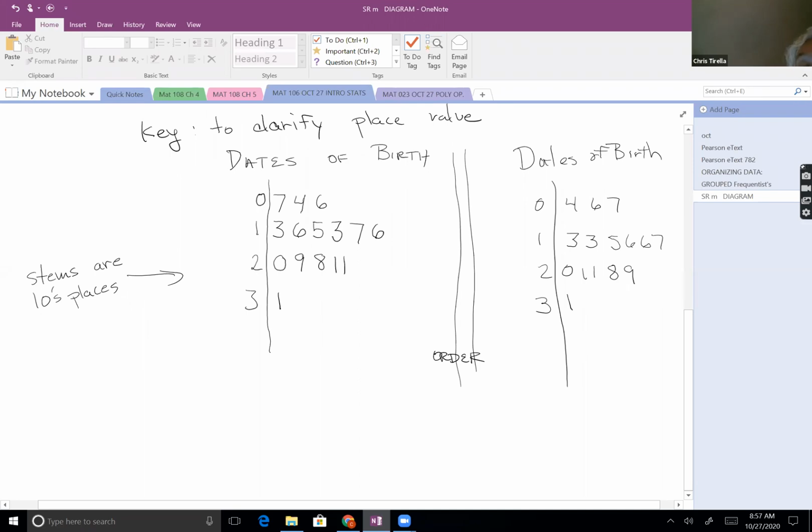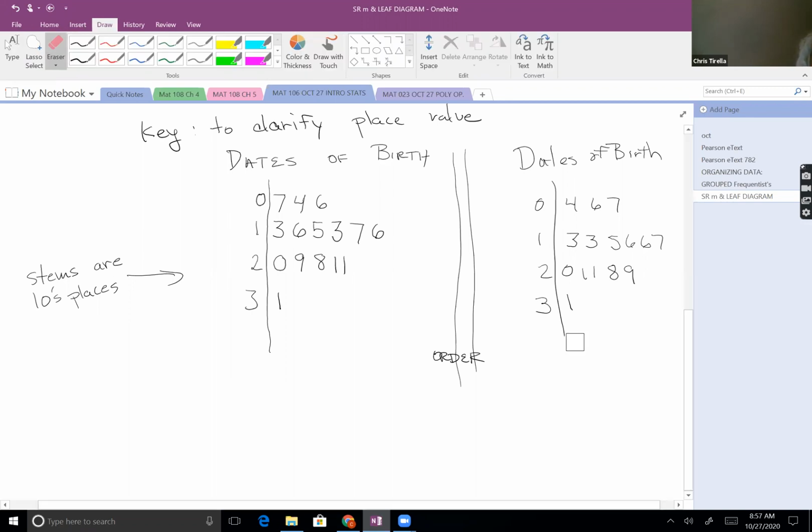When I talk about putting a key, because these are birth dates, it makes sense that where I have, let's say, 1|3, it means the number 13. However, instead of birth dates, if these were something like property values, 1|3 instead of being the number 13 might be a number like 13,000.